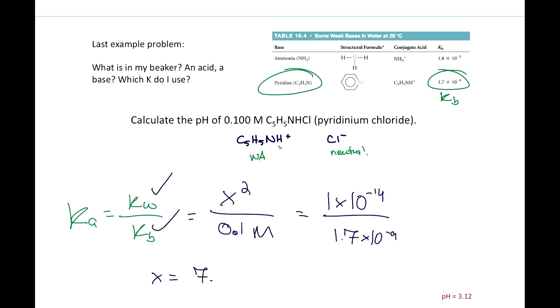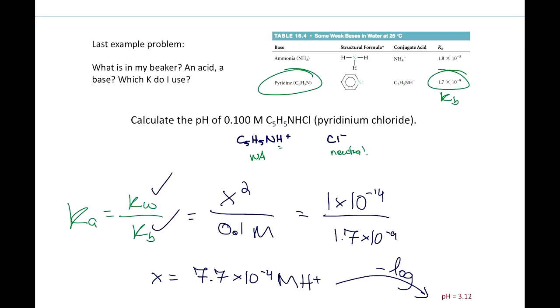X equals 7.7 times 10 to the negative 4 molarity of what? H+. So when I negative log that, I go straight to pH, and you get a pH of 3. That pH is what? Acidic. What did you put into water? An acid. Good.